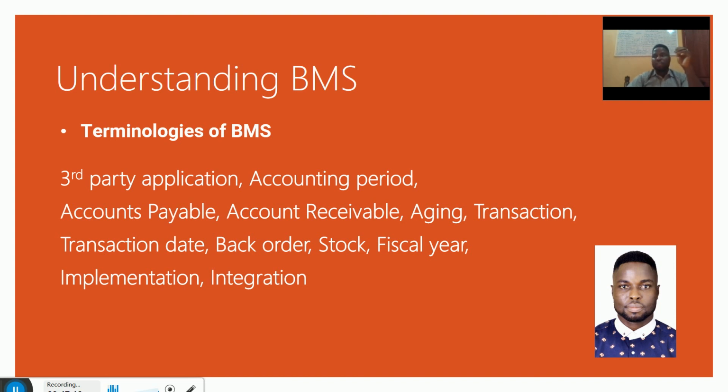So if it is an industry that is into manufacturing, they'll start telling you about MRP, material requisition plan. So at times, if you are familiar with business processes, then some of these business process terminologies are also embedded in business management software.